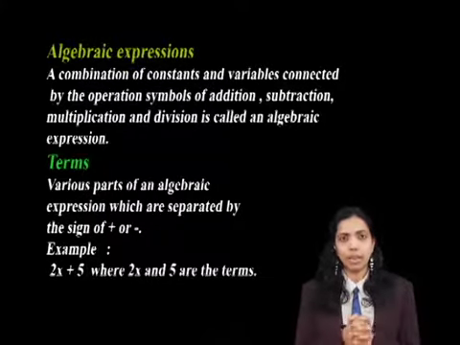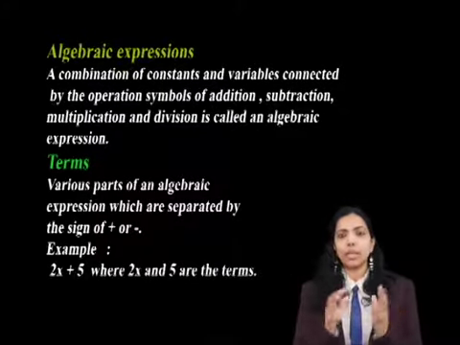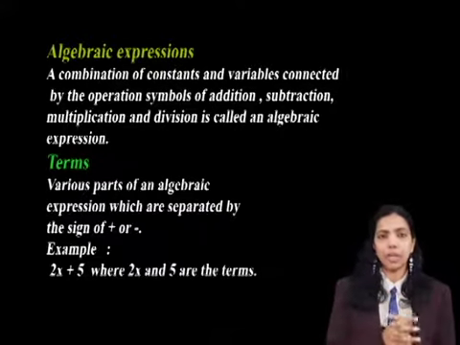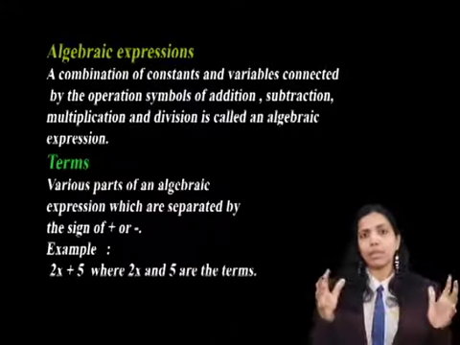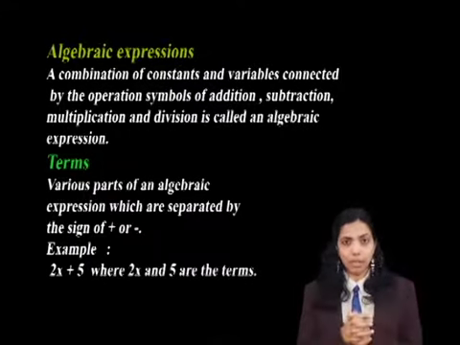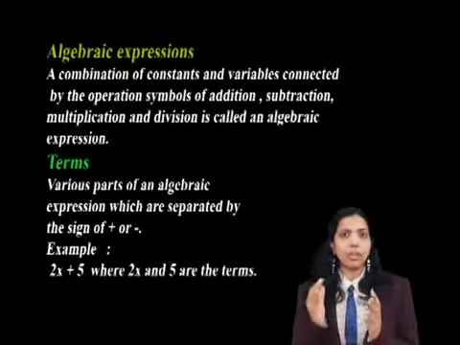The various parts of an algebraic expression which are separated by plus and minus are called terms. For example, 2x plus 5 is an algebraic expression in which two terms are there, 2x and 5.